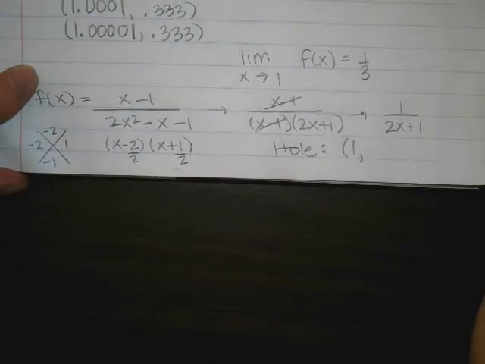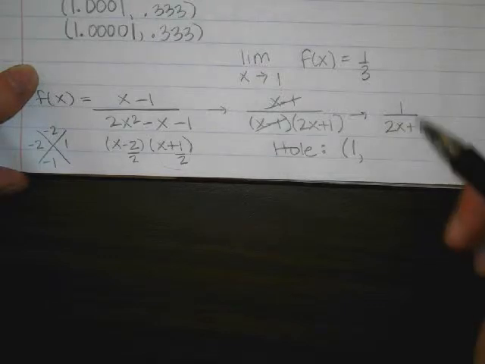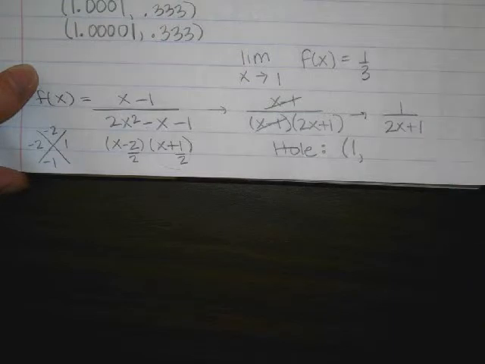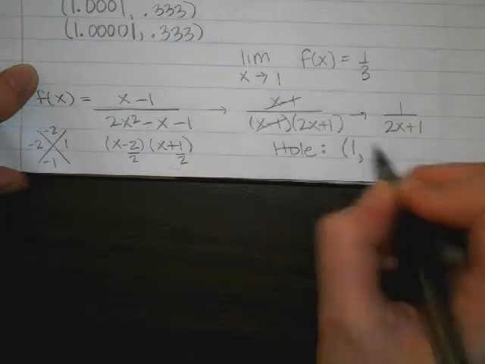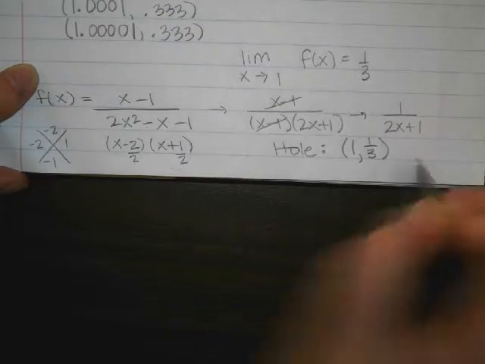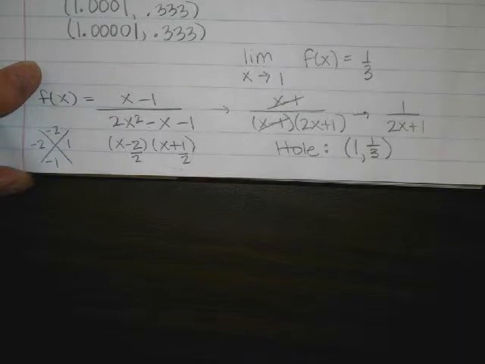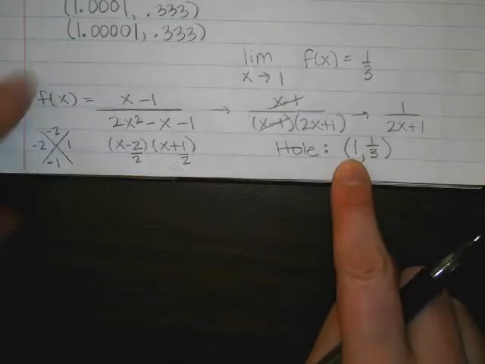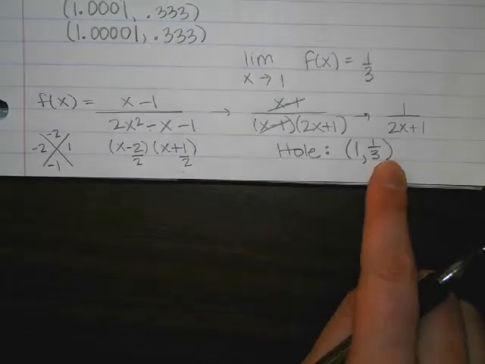And can I find the y-coordinate of the hole? Yeah, how would I do that? Plug in 1 to the leftovers, right? So I would have 1 over 2 times 1 plus 1. So I would have 1/3. So if I look at the hole, I have the point 1, 1/3.